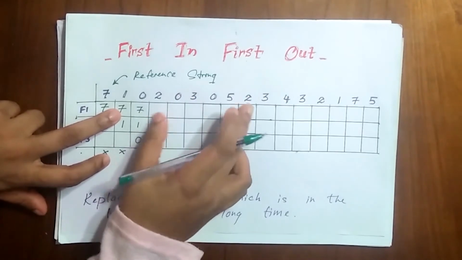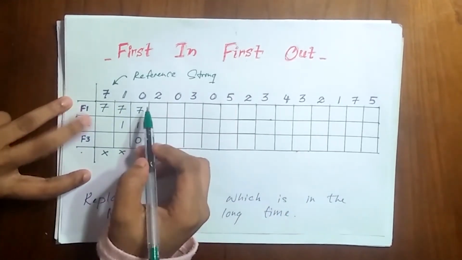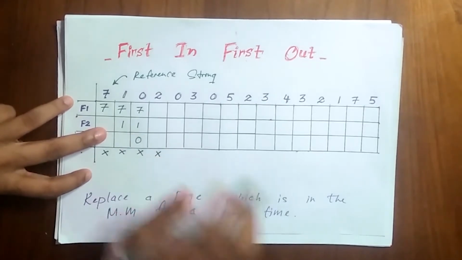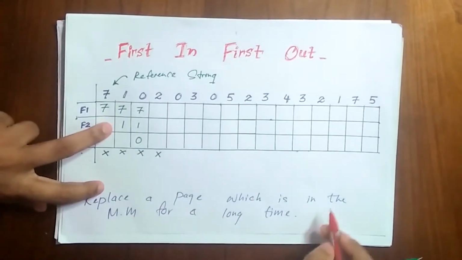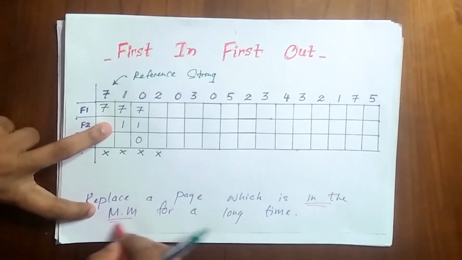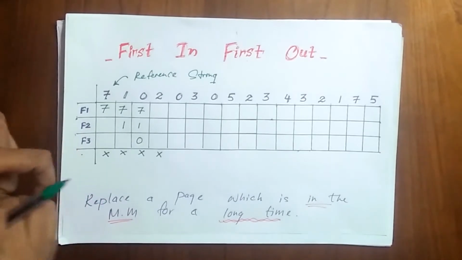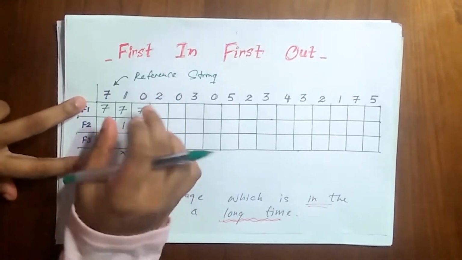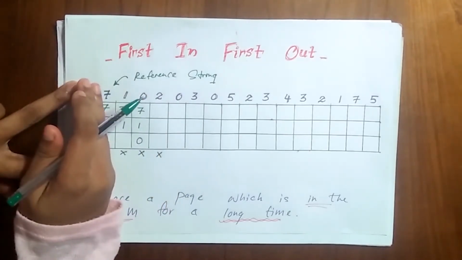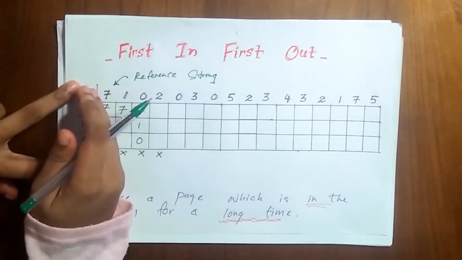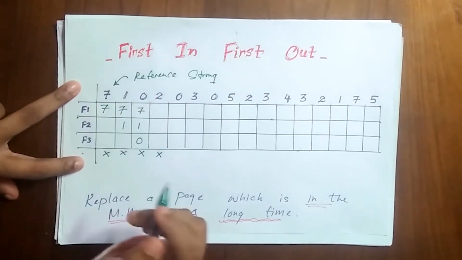And now you can see 2, it is not in the main memory, so it is a page fault, and now we have to replace this. So this is how we do it. You can see now we are going to replace a page which is in the main memory for a long time, right? So we can count to the left, and we are going to replace the page which has the highest count, right?